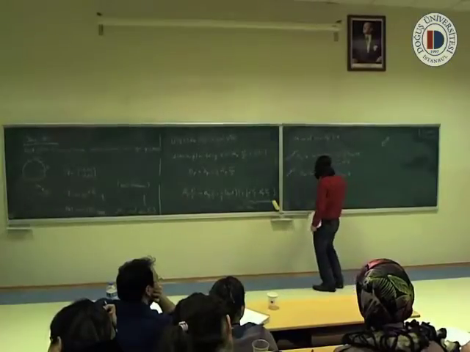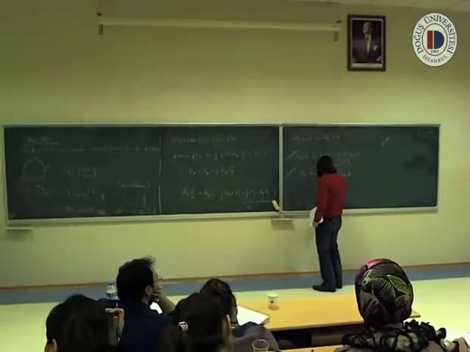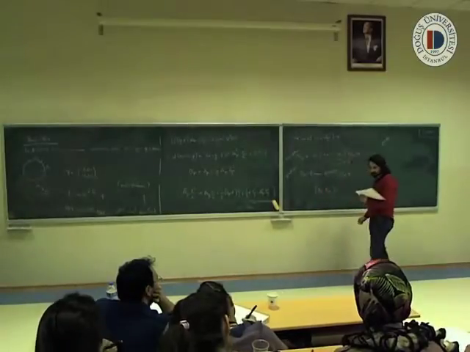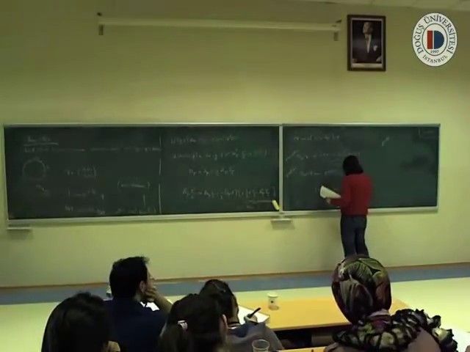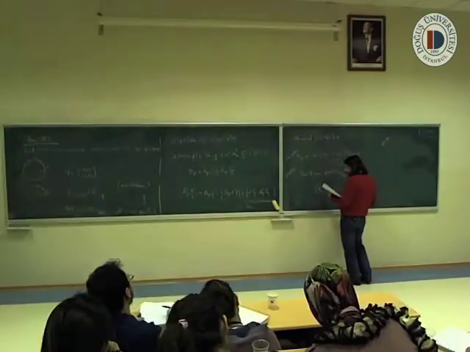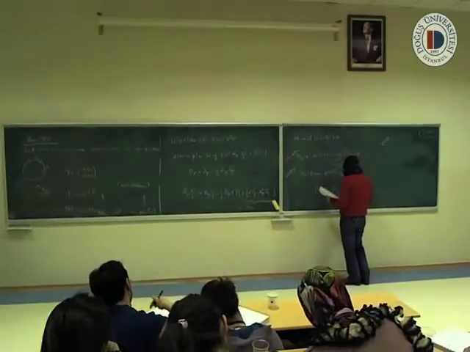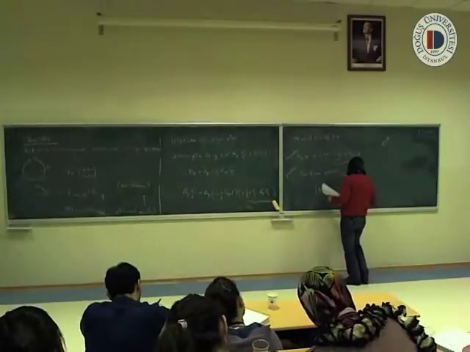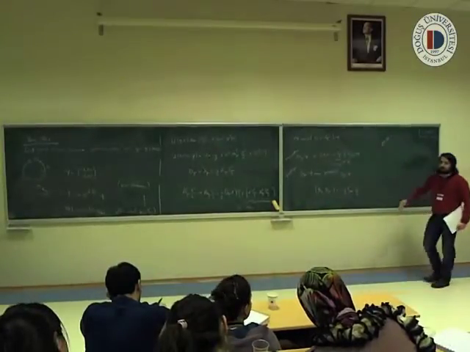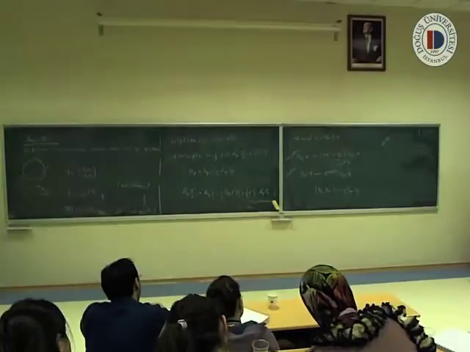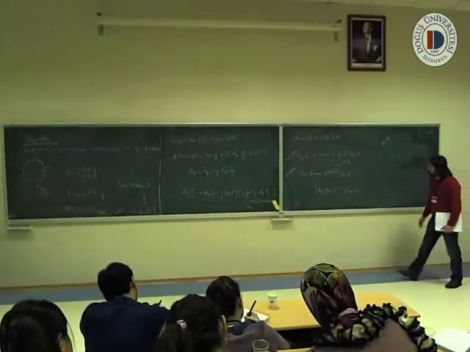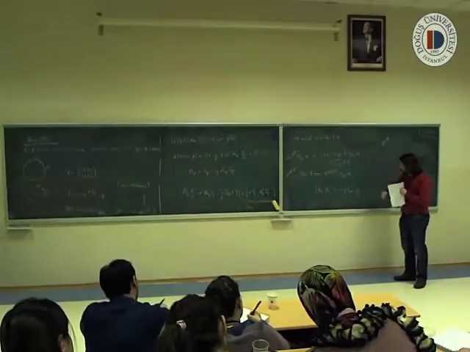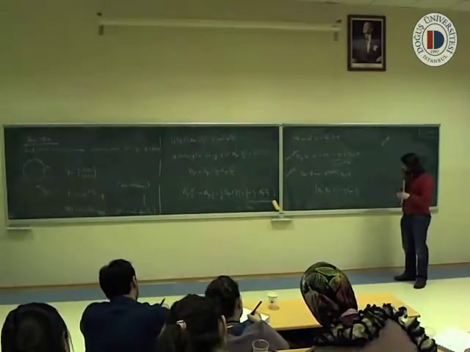And remember, for the abelian case, we had F mu nu related to the commutator. So that's going to be the same thing here. If you take the commutator of D mu with D nu, you will get F mu nu with the sigma.